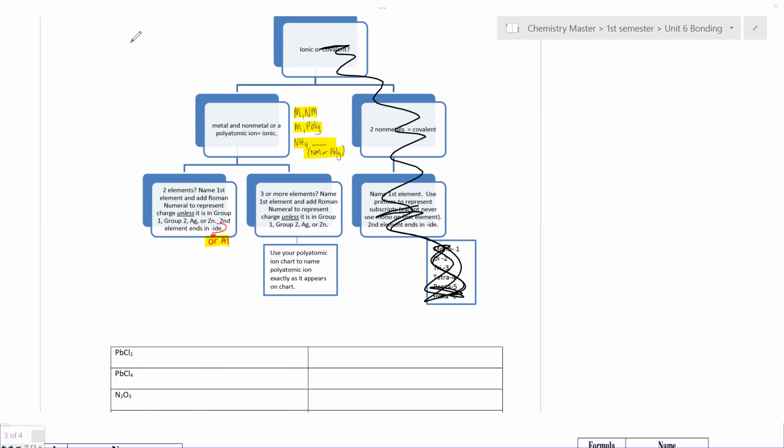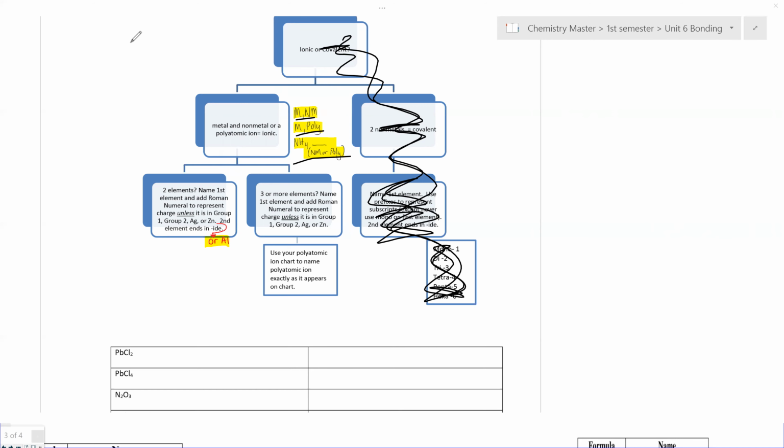We're going to do that on Wednesday. If it's ionic, it's going to be a metal and a non-metal, or a metal and polyatomic, or NH4 with a non-metal or polyatomic. If it's 2 elements, regardless, you always name your first element. Then for your second, do you have just a second element, or more than 2 elements?